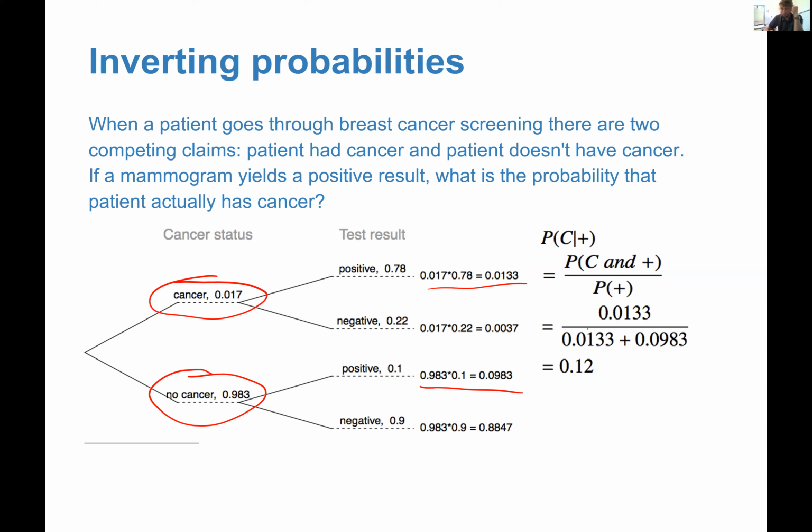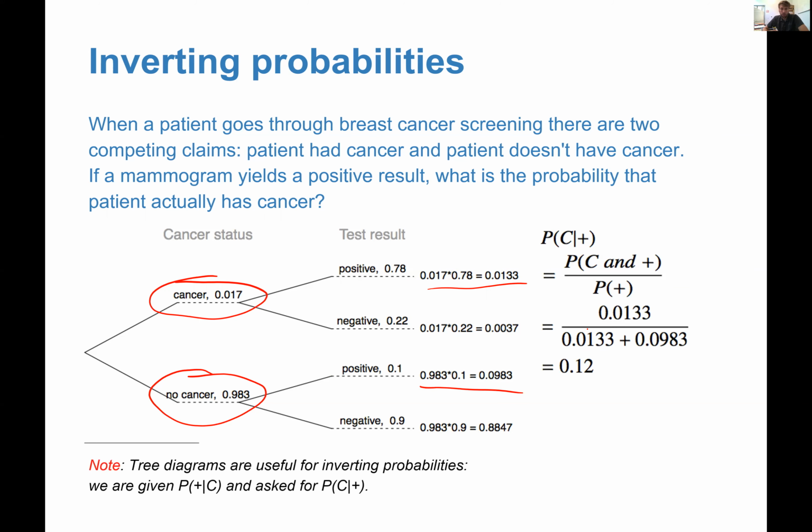It really skews the result. Okay, so tree diagrams are useful for inverting probabilities. What we want to know is the probability of cancer given positive, and we know the probability of positive given cancer, right? And so the tree diagram helps us to invert that conditional.